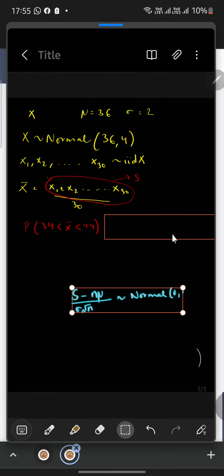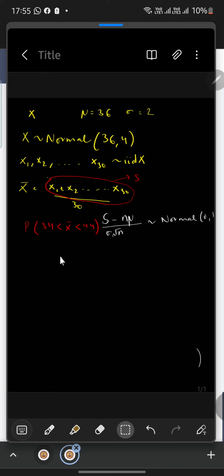Yeah, perfect. Now it's pretty easy to solve. So first of all, we will substitute the values. S minus 36, n is 30 here, divided by 2 into root of 30. Perfect, right?